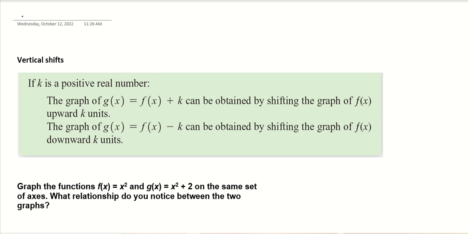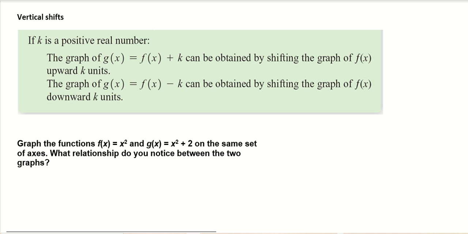If k is a positive real number, the graph of g of x equals f of x plus k is moved upward k units, and the graph of g of x equals f of x minus k can be attained by shifting the graph k units downward.